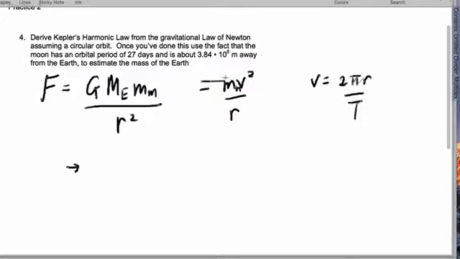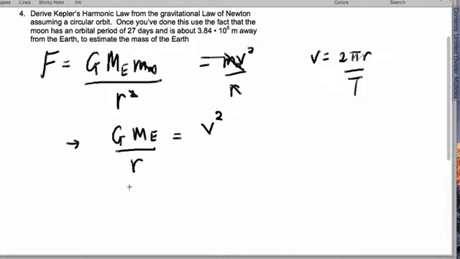So let's cancel a couple things. The mass of the Moon cancels out, and one of our r's cancels out too. So I have G, mass of the Earth, divided by the distance from the Earth to the Moon, equals v squared, like this. Now I'm going to substitute G M_E over r equals, now I'm going to square the v, so that's 4 pi squared r squared over t squared.